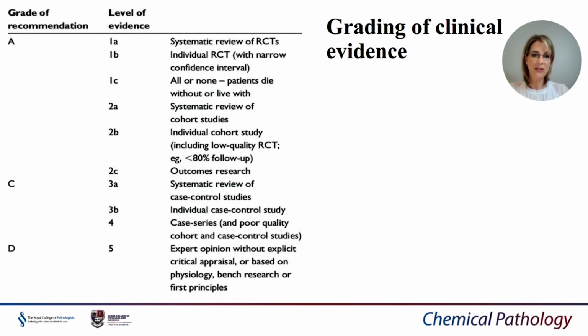The grade of recommendation was then based from A through to C and D, and these had further subcategories such as 1A, B, C, 2A and B, C, 3A and B, 4 and 5, and it referred to the varying structure of the studies. The lowest grading was expert opinion without explicit critical appraisal, or bench research, for example.